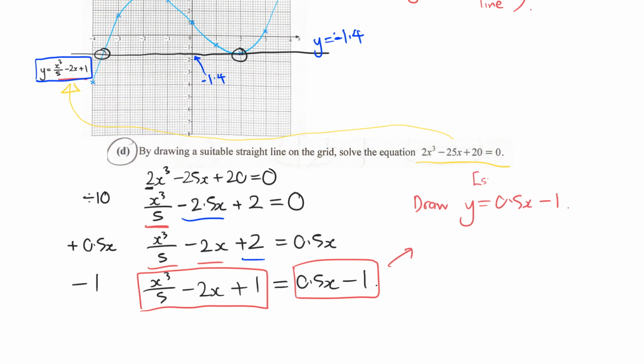It's a straight line. Using the quickest method possible, draw it and find their intersections to find the solutions to this question. Okay, so go ahead and do that on your own. If not, I will now fast forward and show you the way to do it.